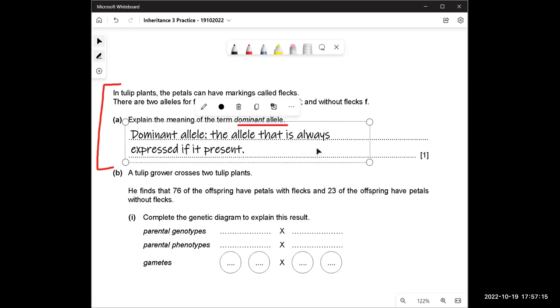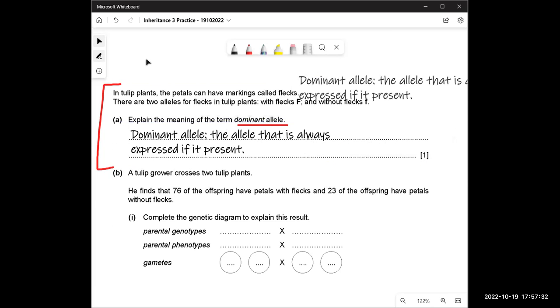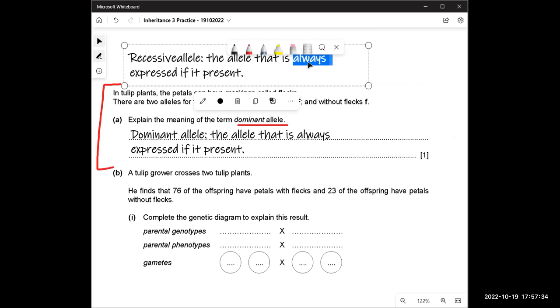It is about genes. So the allele or gene that is always expressed if it is present. I'll give you the recessive definition as well. The recessive allele is the allele that is only expressed if no dominant is present.